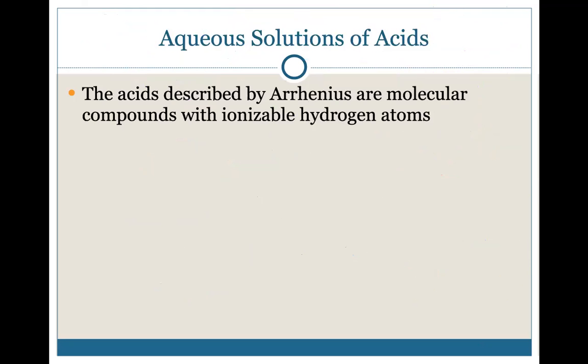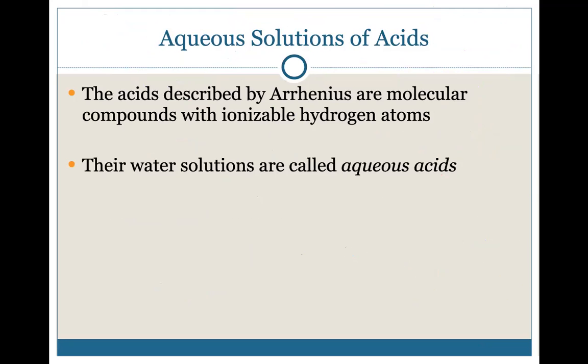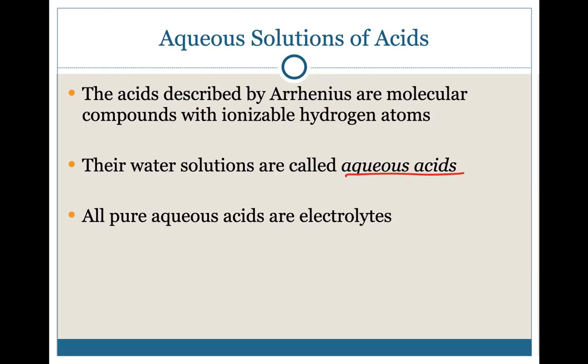All right, now the acids described by Arrhenius are molecular compounds with ionizable hydrogen atoms. That means that their water solutions are called aqueous acids. All pure aqueous acids are electrolytes because they are ionizable.